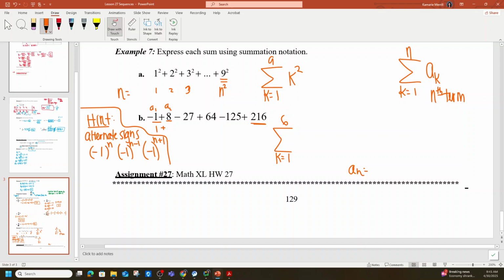Do you guys recognize these are what? They're not squares. They're all cubes. And if I break them down, this is technically 2 cubed, this is technically 3 cubed, this is technically 4 cubed, and this is technically 5 cubed. Does anybody notice what's happening based on what n is and what their term is?